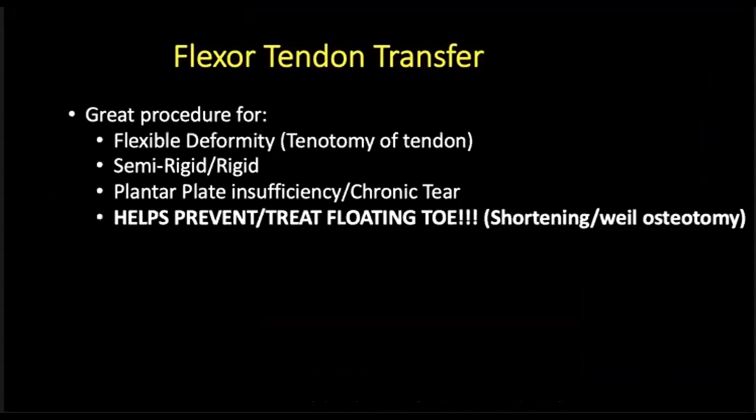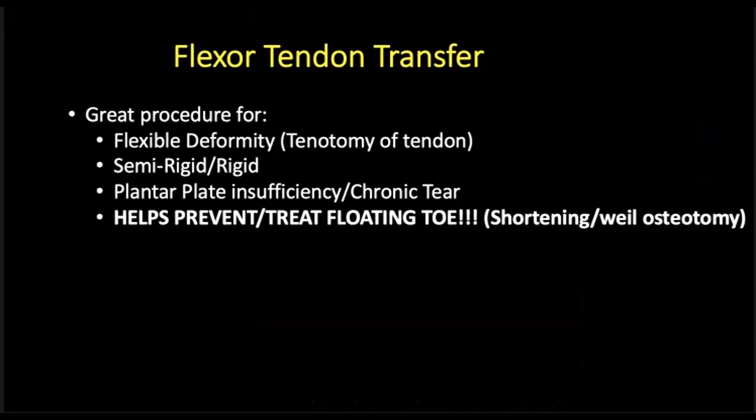So moving on, let's talk about the flexor tendon transfer. I think it's quite underutilized, but honestly, I think this is a great procedure. For your flexible deformities, if you have a patient that has a completely flexible deformity, there is no MPJ subluxation or hyperextension, there's no plantar plate pathology, the toe straightens out when you load the foot, you can simply perform a tenotomy in the office.